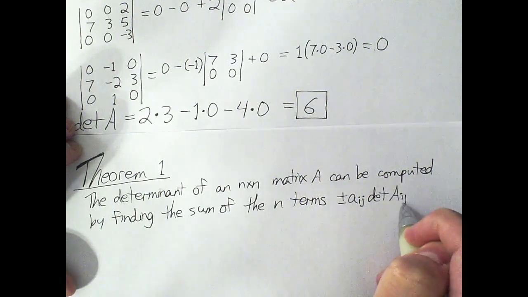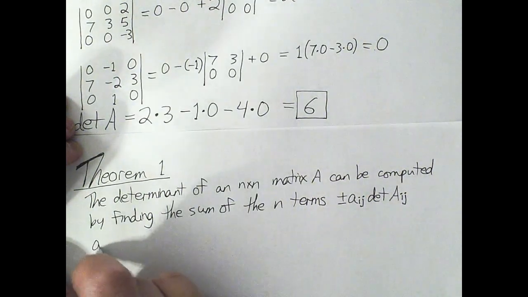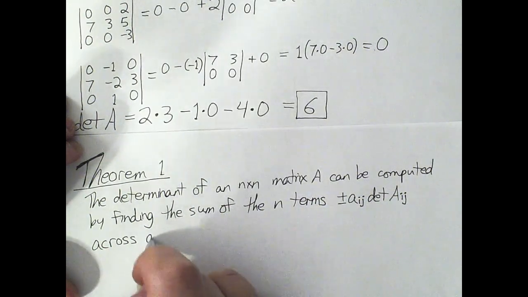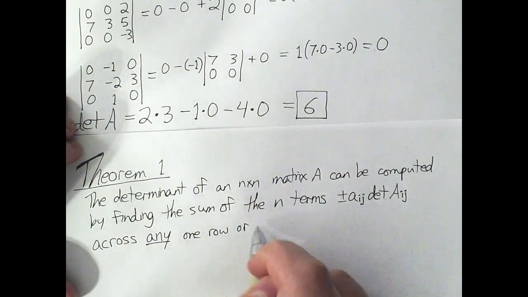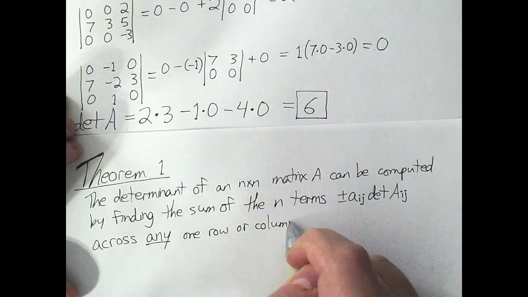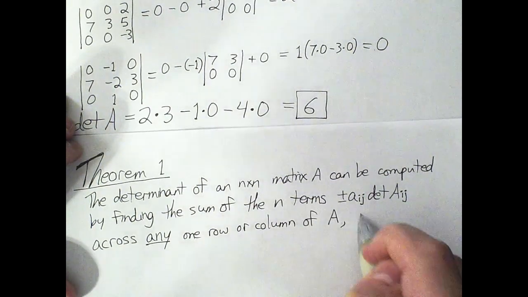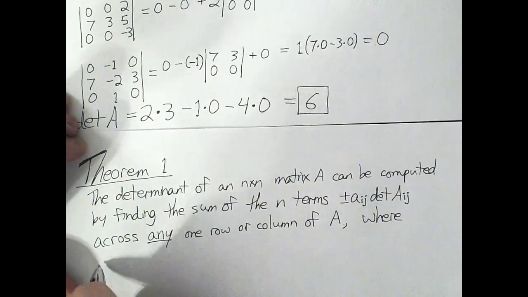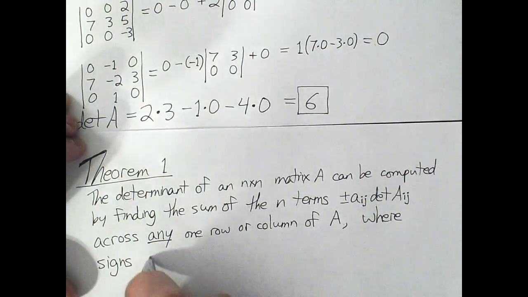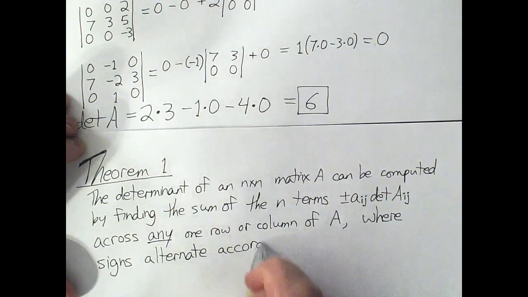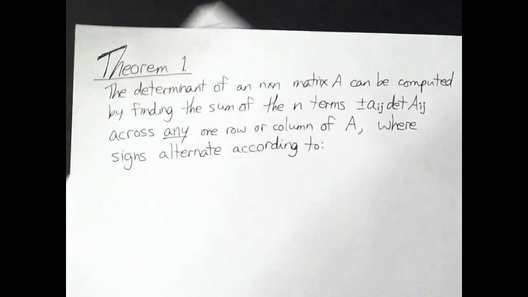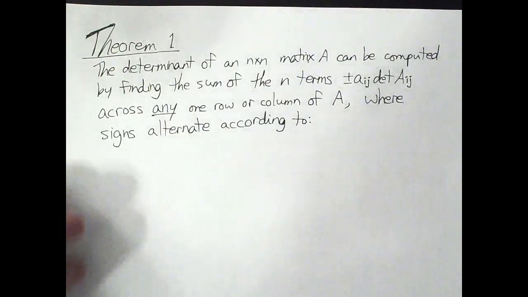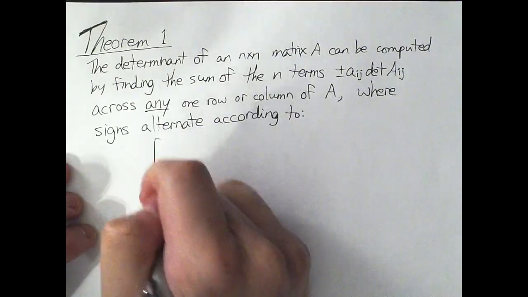That's a little different from what we said in the definition. Across any one row or column of A, where signs alternate according to this picture.